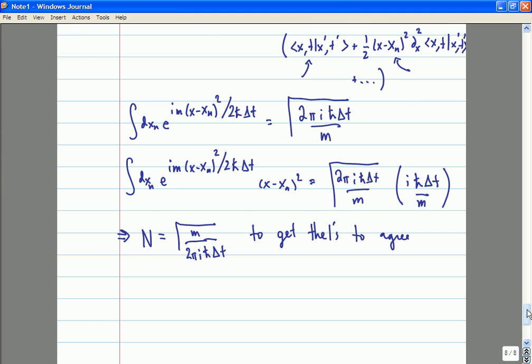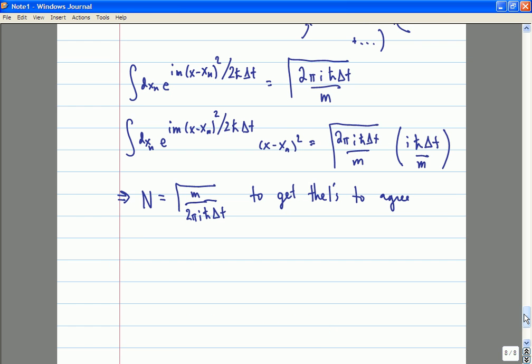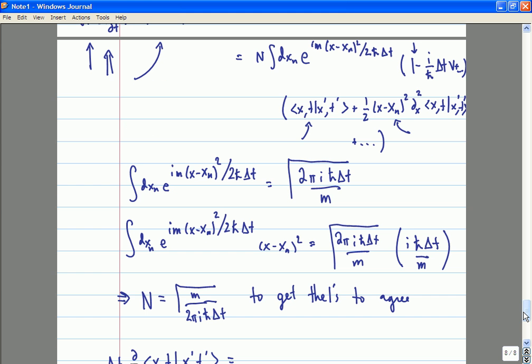The term linear in delta t was delta t times d by dt of this propagator. And the terms on the right-hand side which are linear in delta t: you're going to have this term here.